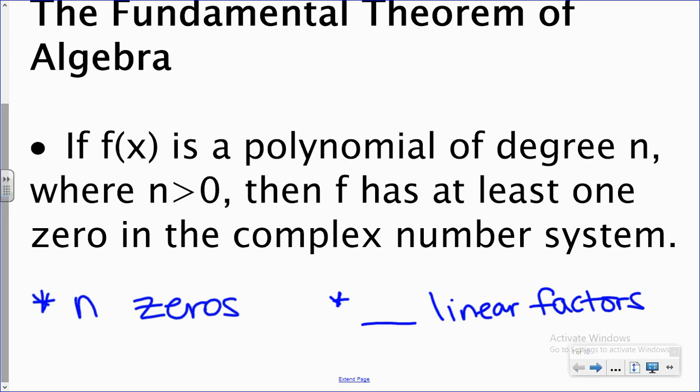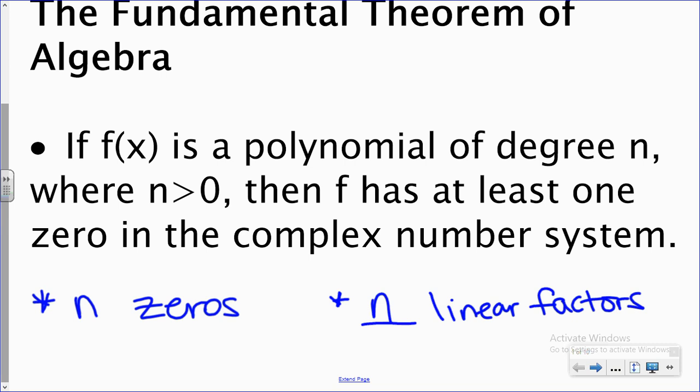So if there are n zeros, how many linear factors are we going to have? How many? N. Do we need to do some jumping jacks so I can get you awake so you can participate? Don't make me do that. I will. Okay? If we have an nth degree polynomial, we will have n zeros, which means we'll have n factors.